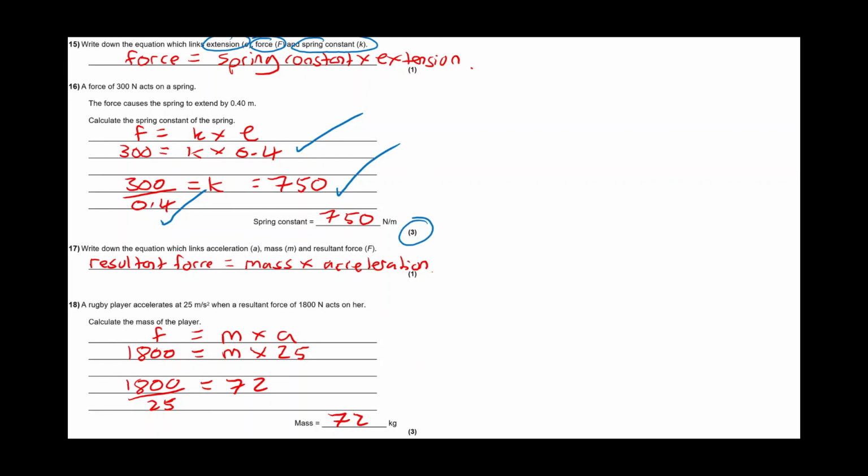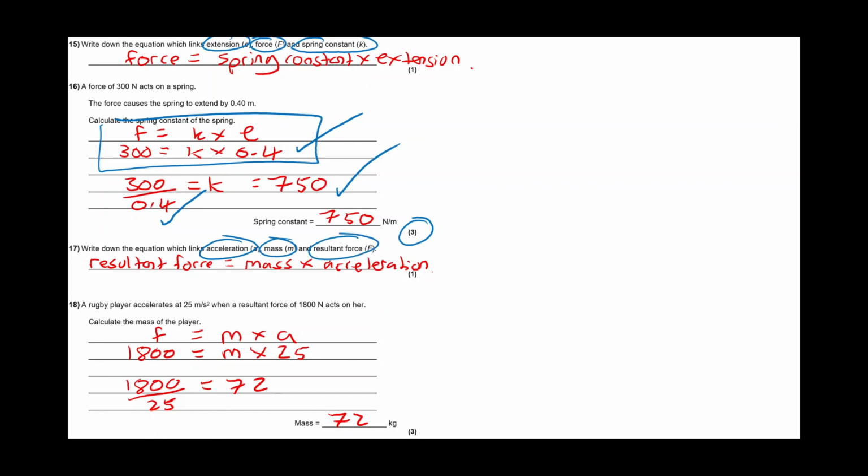Please, please, please, I've said this about 5 times. I make no apologies for repeating myself. Write the numbers out first under the equation exactly as it appears in the equation sheet before you rearrange. If you make a rearrangement error first, you will get 0 marks. The next one, again, I've written this out exactly as it appears in the equation sheet. I've not bothered trying to do the same order they've given me.